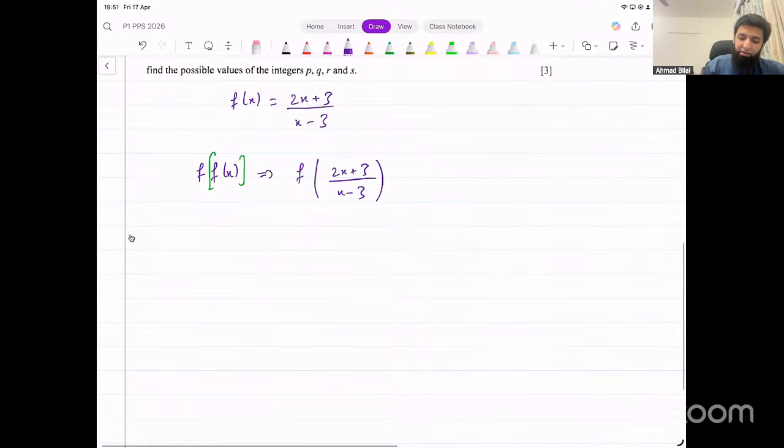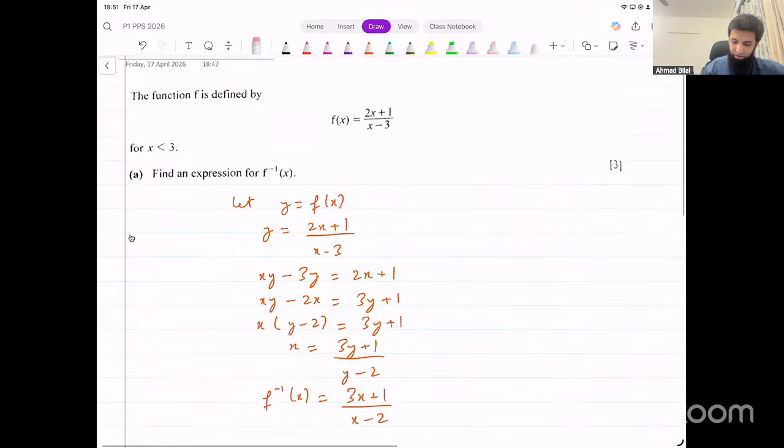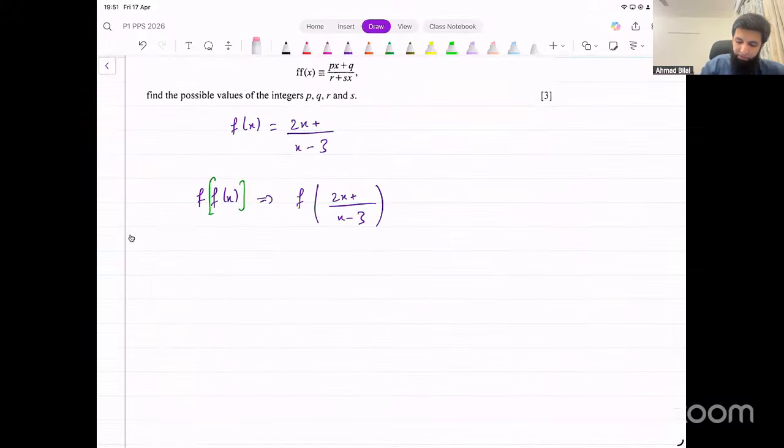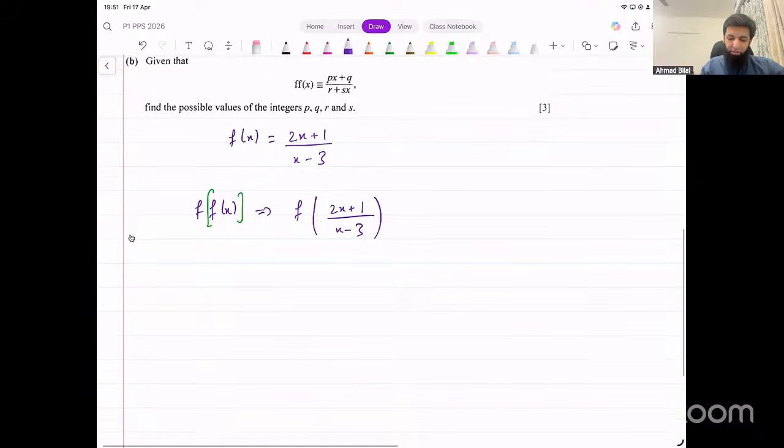Now, wherever you've got x, you have to input, is that 2x plus 1? Yes, 2x plus 1, I copied that wrong. This is 2x plus 1 over x minus 3, that's the function. We need to input this inside f.